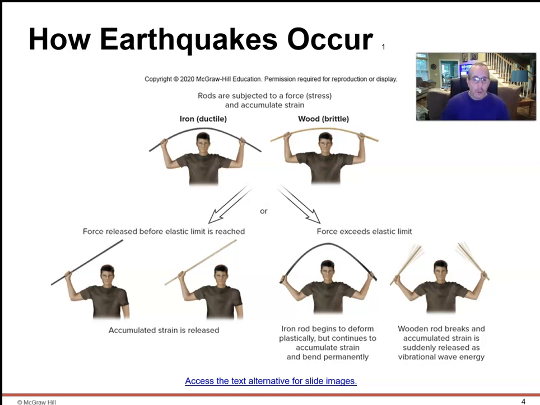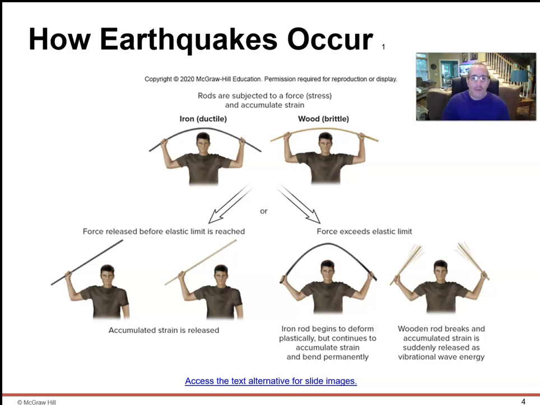Those boundaries that we discussed are typically where earthquakes happen. Depending on the type of fault, or the border between those plates, depends on what type of earthquakes might be experienced in those areas.